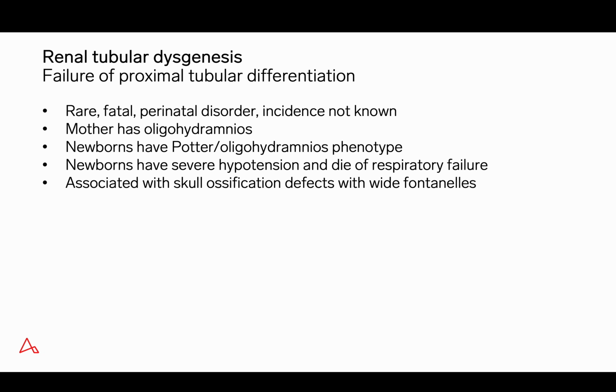Newborns present with severe hypotension and die of respiratory failure, and again, their respiratory failure is due to the presence of oligohydramnios, in which fetal urine is not available to promote proper pulmonary development. Some patients have an associated ossification defect of the skull and present with wide fontanelles.